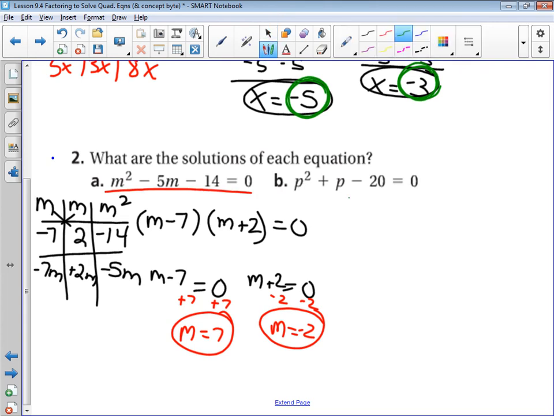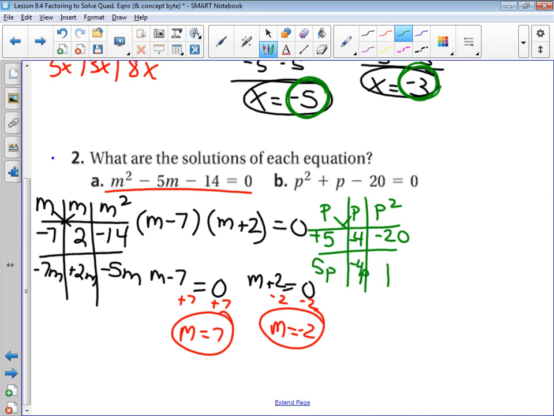In the second one, p squared plus p minus 20. P times p is p squared. Negative 5 times positive 4 is negative 20. Oops, I got that wrong. Positive 5 times negative 4 equals negative 20. And when you cross multiply, you get 5p and negative 4p, added together makes positive 1p.